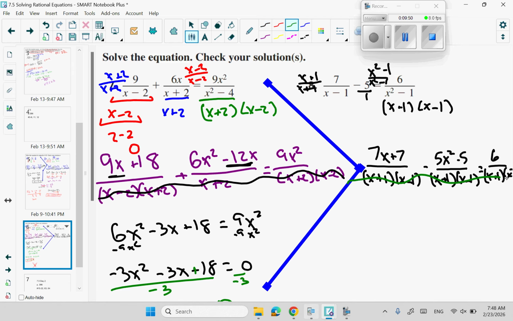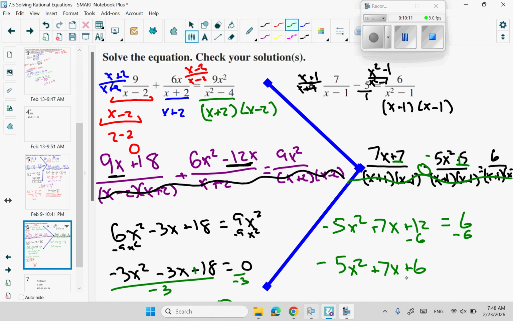Which again, the whole bottom's going to be canceled. Distribute the negative. So I'd get -5x squared plus 7x, 7 plus 5, gives me 12 equals 6, minus the 6, minus the 6. And I can graph that as well.